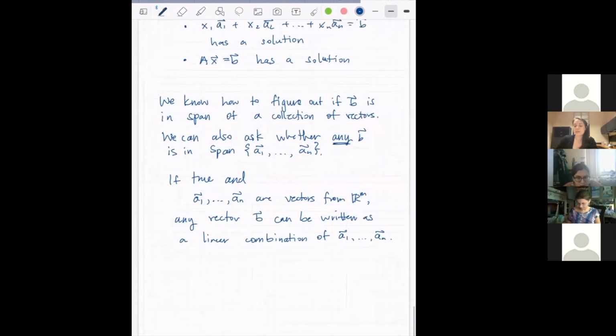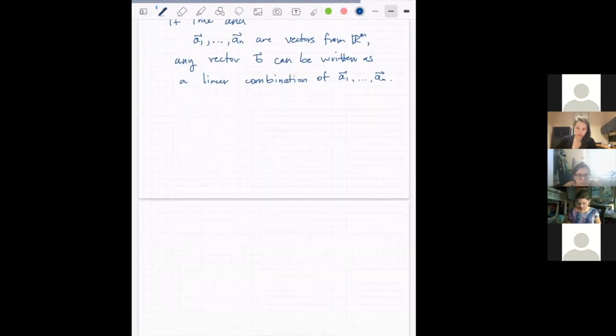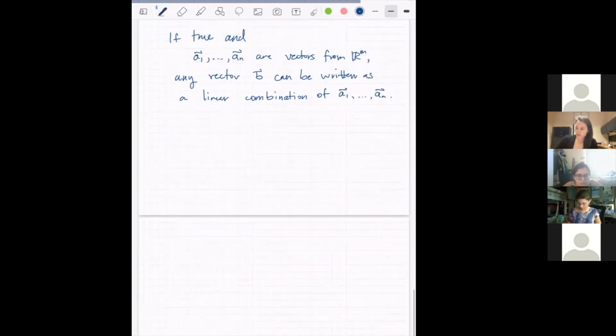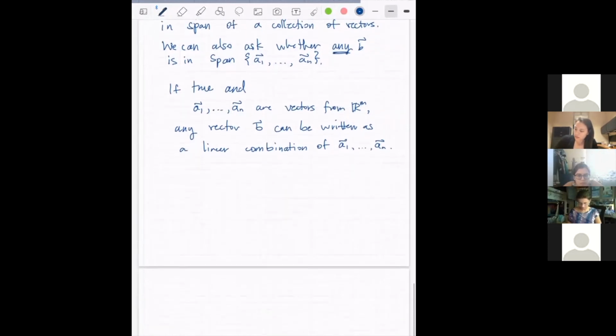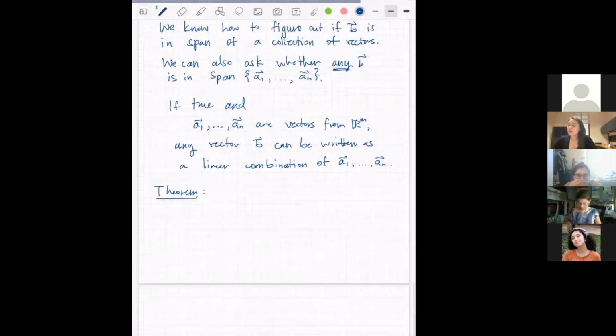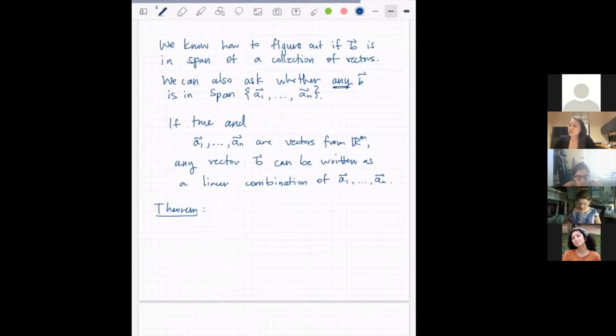Okay, so we're gonna put this all down in a theorem. Question, Professor Jones? What do you mean, if true? What is true in this case? So if it's true that any B is in the span of these.